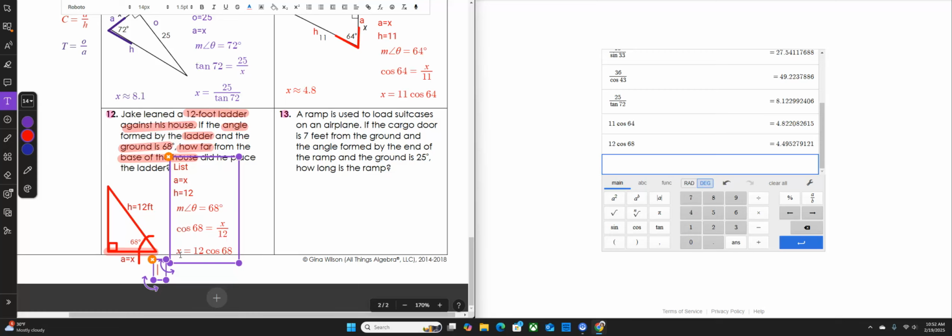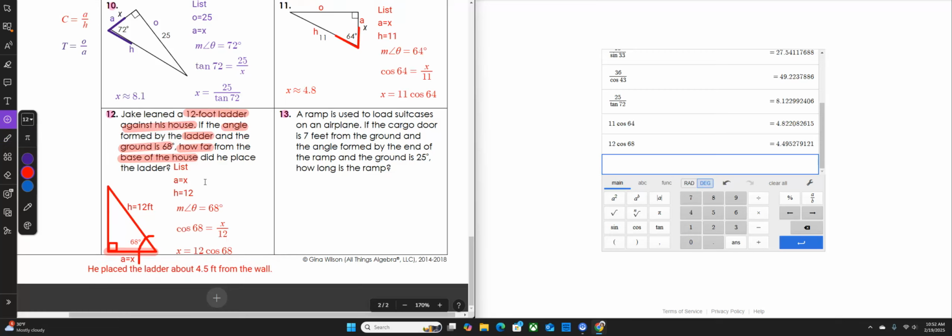So down here, I'm going to put, he placed the ladder about 4.5 feet from the wall. And X is approximately 4.5. All right, remember whenever the problem is in words, we should give our answer back in words.